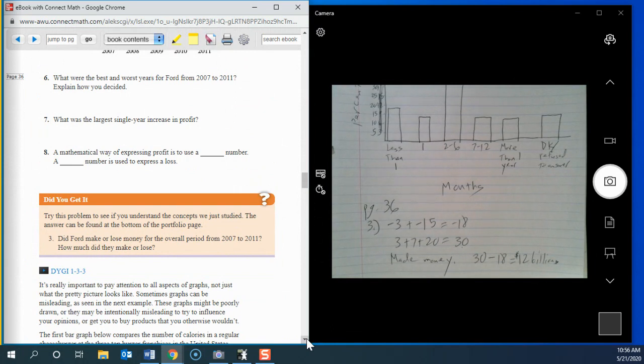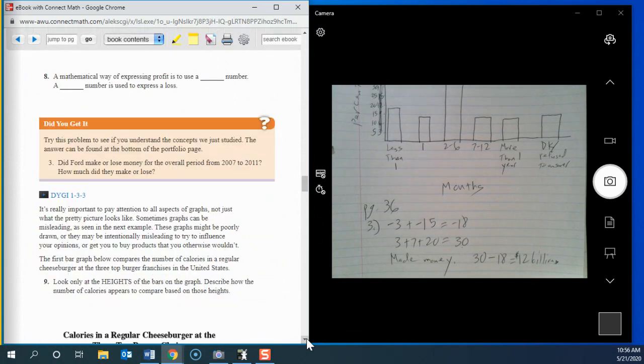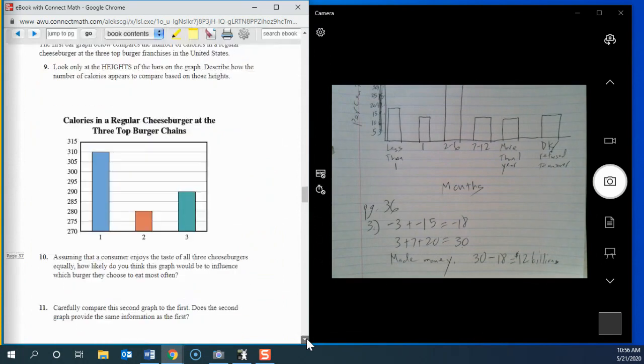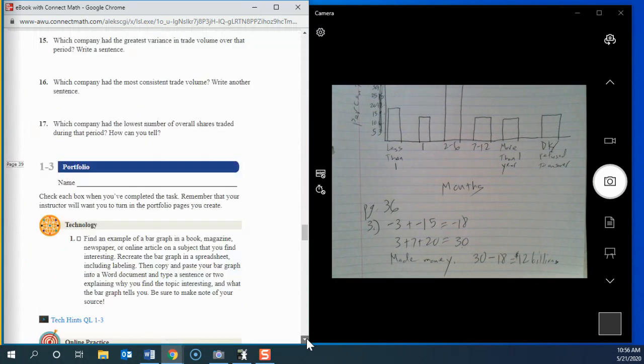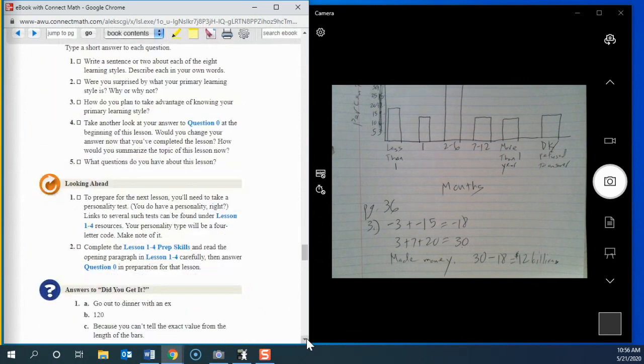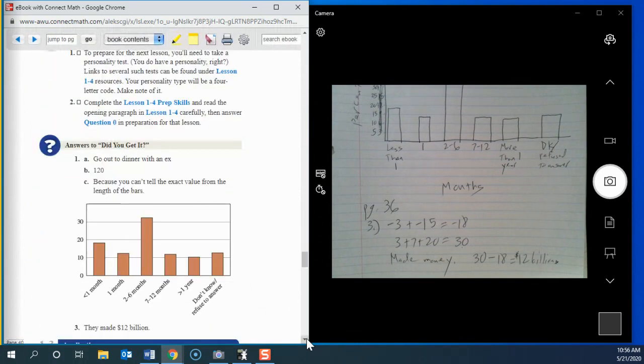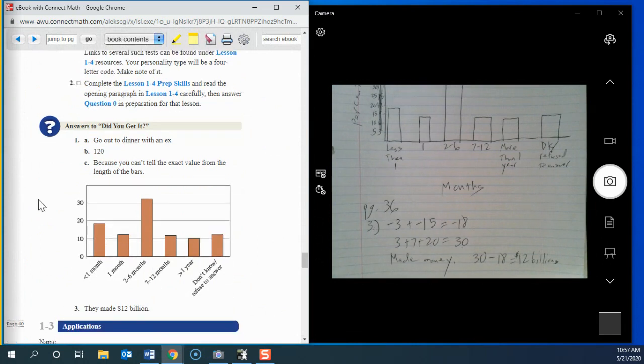All right. And like we customarily do, we will go down here to the portfolio page. We could check our answers. Did you get it? Okay. Now they did not put a title, or they did not denote the legends here on the bar chart, but it's basically the same as what we did here.